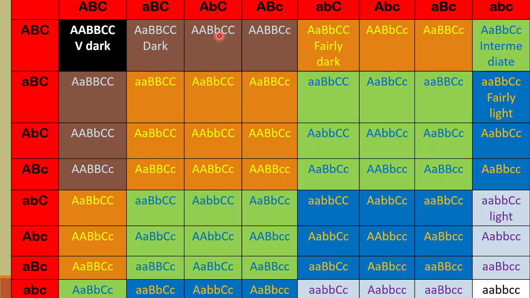The fewer the recessive alleles, the darker will be the color. So here you can see in this case small b only one, small c only one, so they are dark. Likewise in these 3 cases also. So you get 6 possibilities of having a dark child, not very dark but dark.